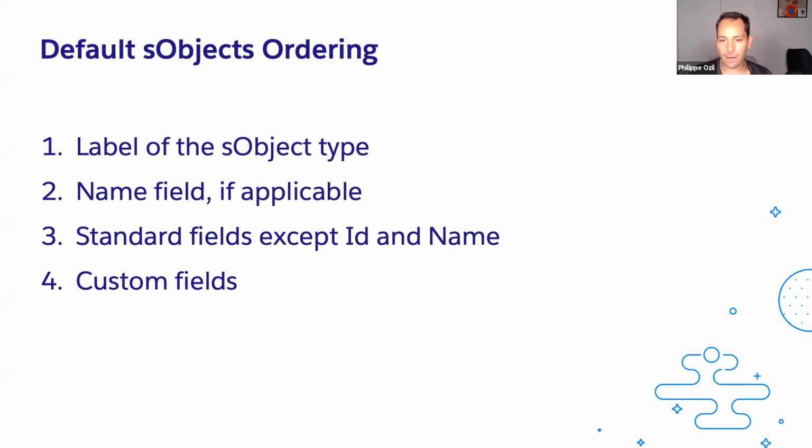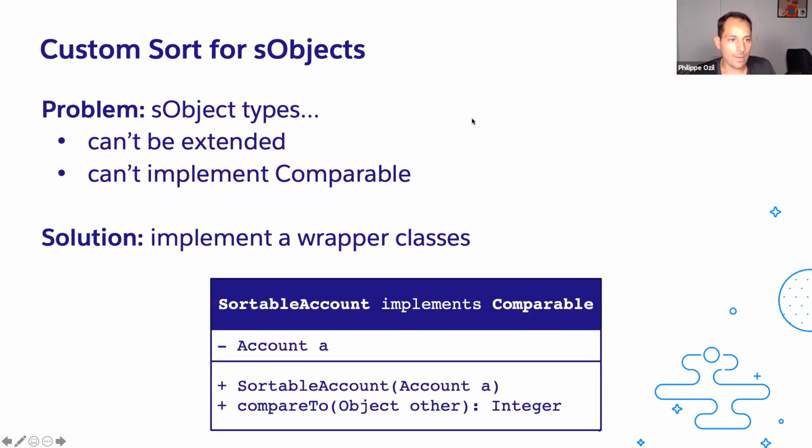Let me now talk about custom types. That's really, I think, what's even more interesting for us. But before I jump into custom types, I want to talk about how you can order sObjects with custom ordering. There's one important thing with sObjects which is a problem for us when you want to extend them: you cannot directly extend them.